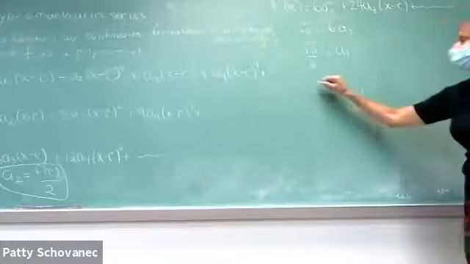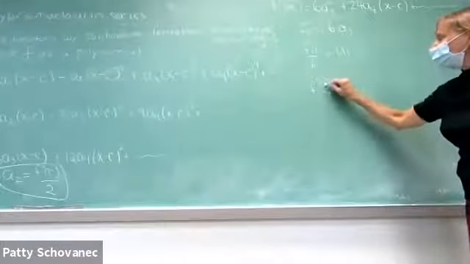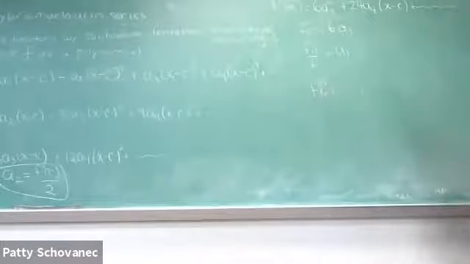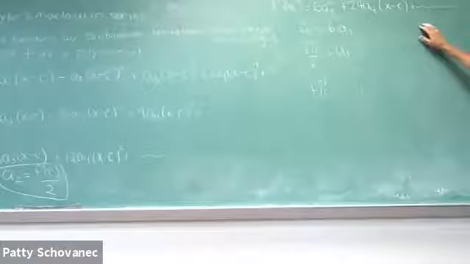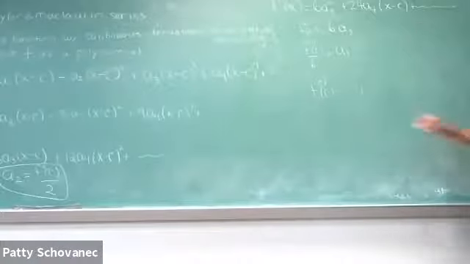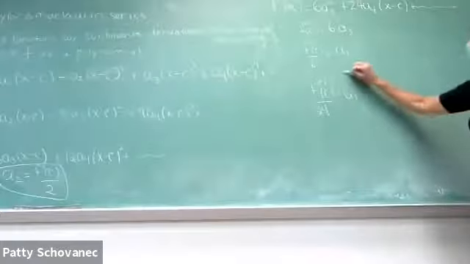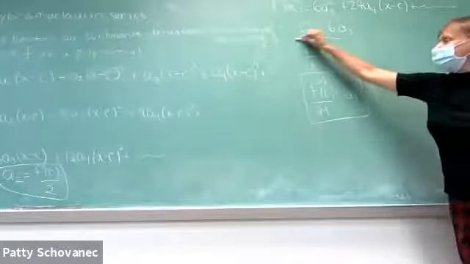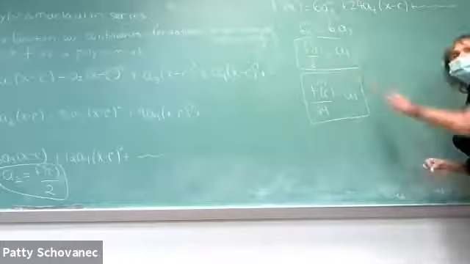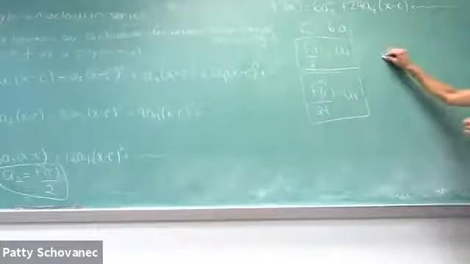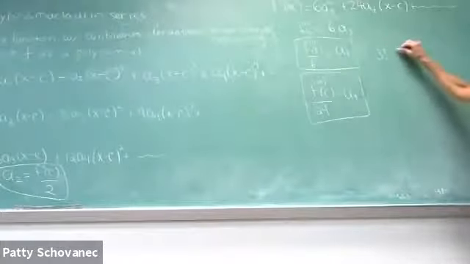Without taking a fourth derivative, can you tell me what the fourth derivative at c is going to give you? Fourth derivative over 24. That's right. So if I put the 24 here, I get a4. What I want you to recognize is that 6 is the same as 3 factorial.